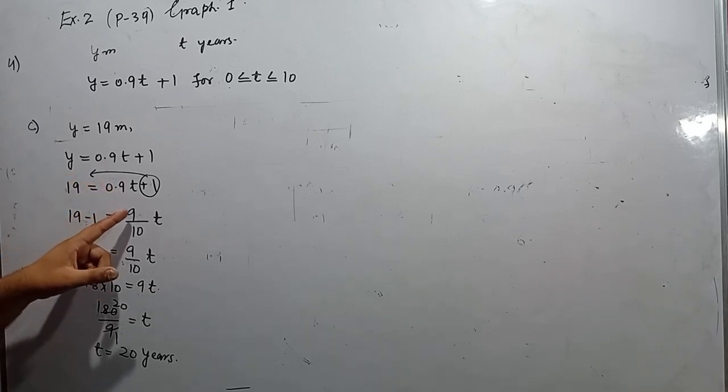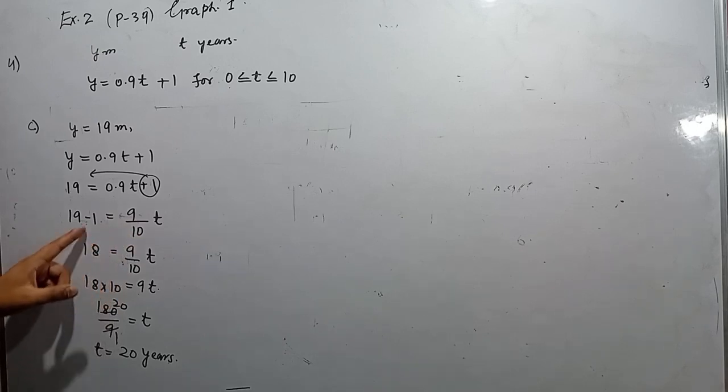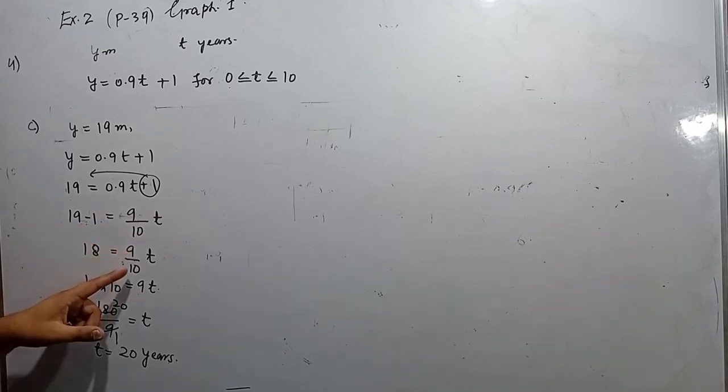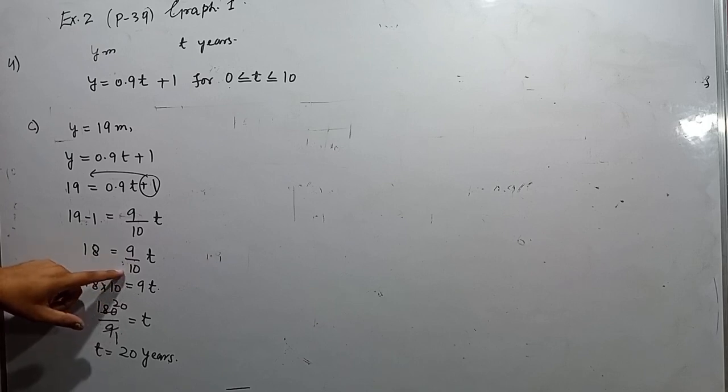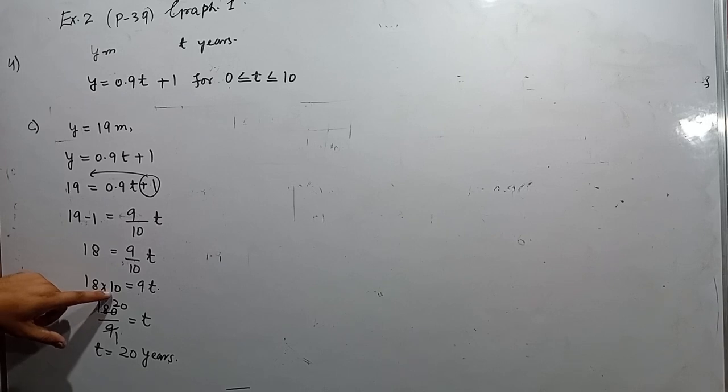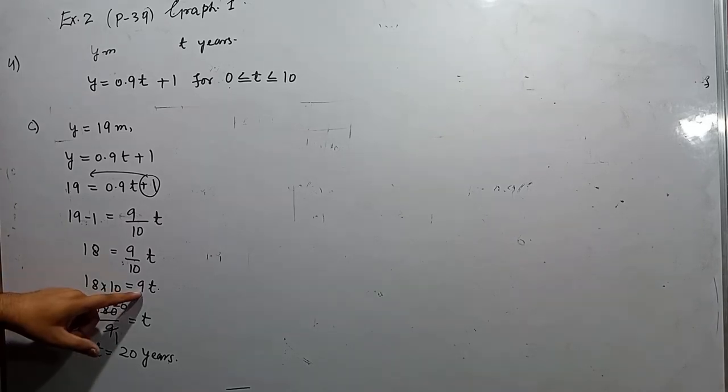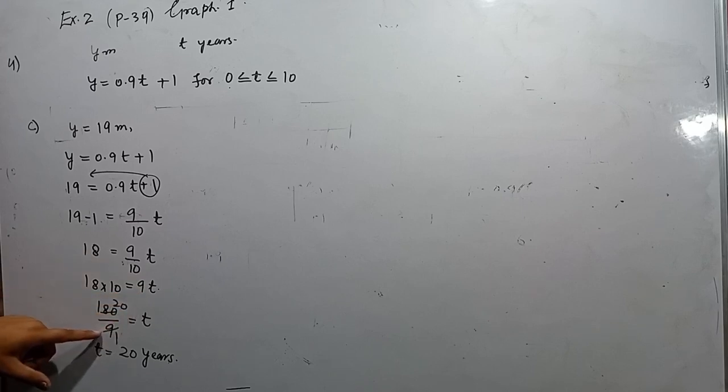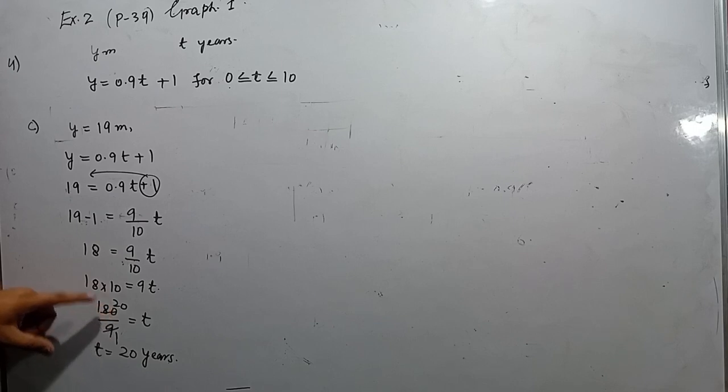I made it a fraction, 9 divided by 10. Then it is 18 equals 9 divided by 10 t. Then I transposed 10 to the left hand side, and I wrote it in multiplication. Then 18 into 10 is 180. Then I transposed this 9, it will be written in division here. 9 ones are 9, 9 twenties are 180. I did the cancellation, and I got t is equal to 20 years.